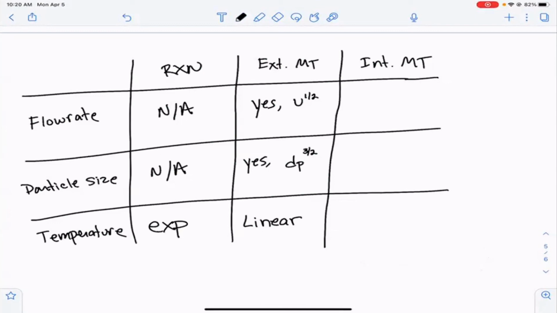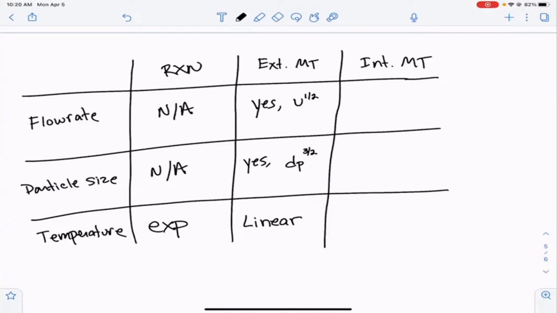Now let's go to internal mass transport. So internal mass transport, the boundary condition on the outside is influenced by the concentration at the surface. But if you're internal mass transport limited, the concentration at the surface becomes very similar to the bulk concentration.